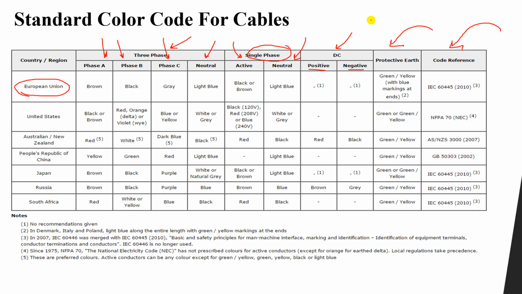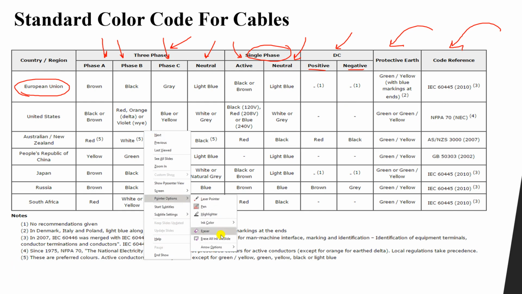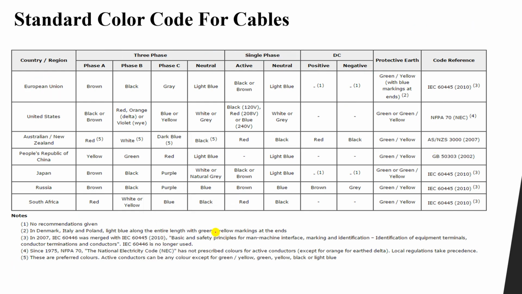You can find green yellow cable is usually representing the earthing system. You will also find here some notes, so you can just take a screenshot of this and save it to your PC, or if you have the slides you can get back to it if you would like to know the color of any cable.